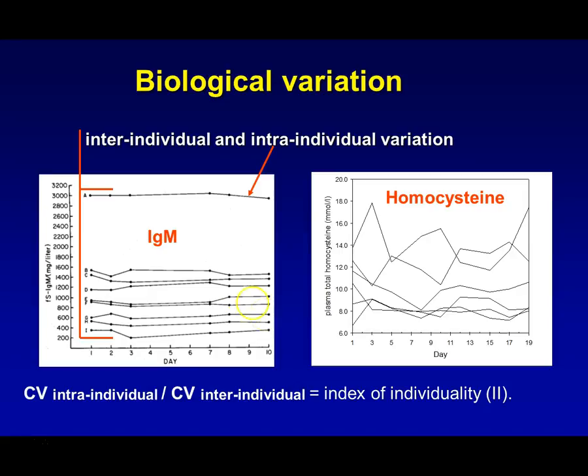On the left panel we see the immunoglobulin M as a function of time in 10 healthy subjects. And we see that in most subjects it's very stable. That means a low intra-individual variation.